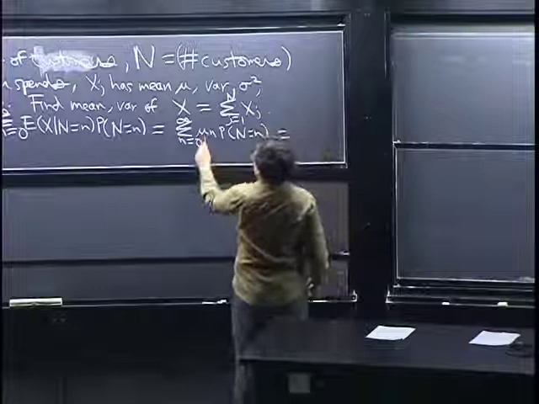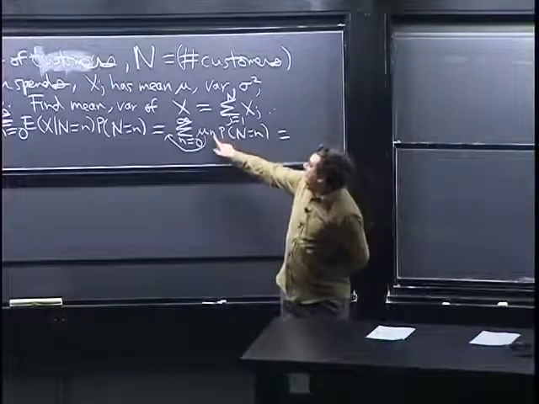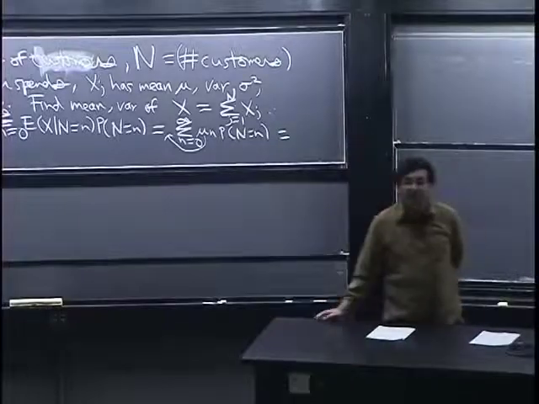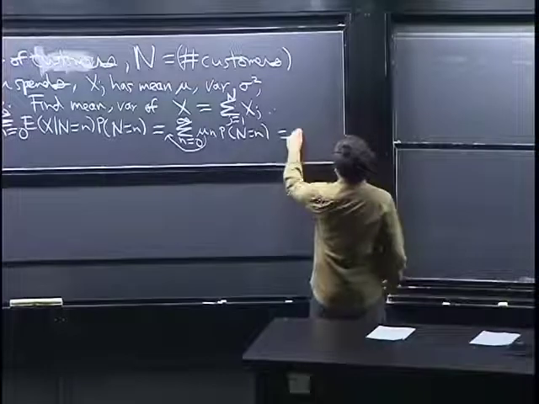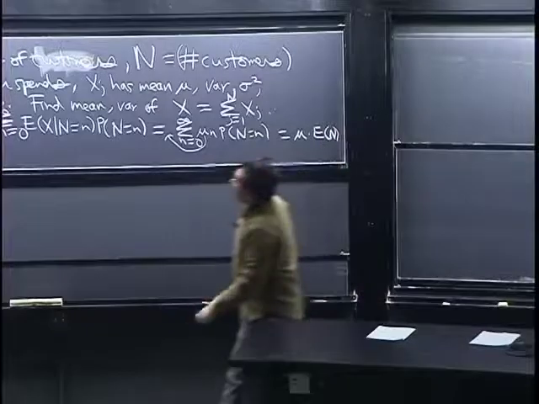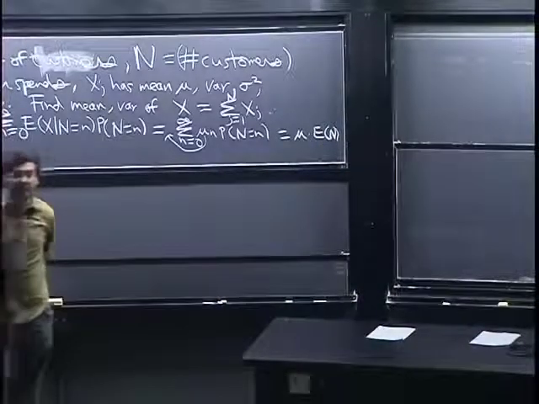Mu is just a constant, that comes out. What's left in this sum is the sum of n times the PMF. By definition, that's the expected value of N. So that's just mu times E of N. So the correction here is that this n should be the expected value of N, not N.